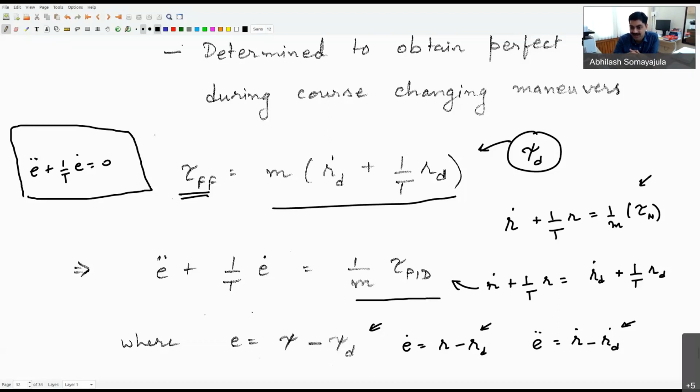Otherwise, my control law can take care of itself so that the error goes to 0. So rather than use my Kp and Kd to bring my error down to 0, I'm having this feed-forward law, described in terms of rd and rd dot, which will allow my system to naturally progress towards e equal to 0.